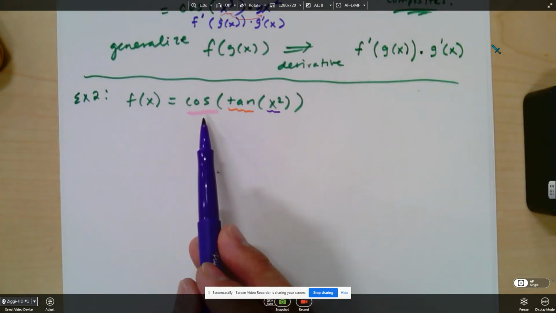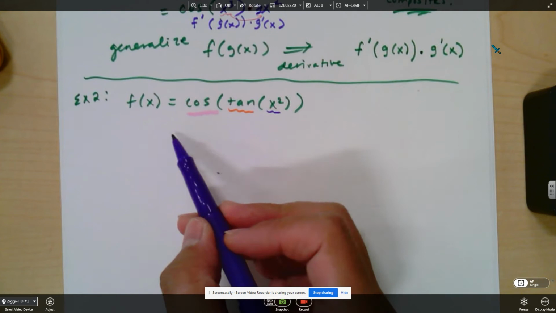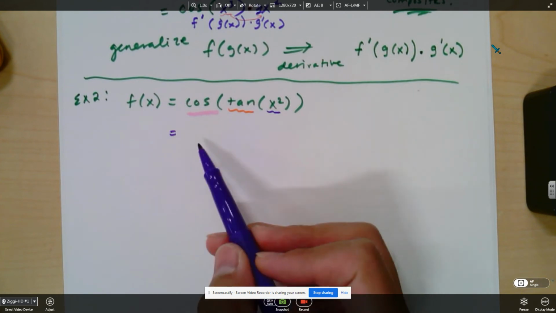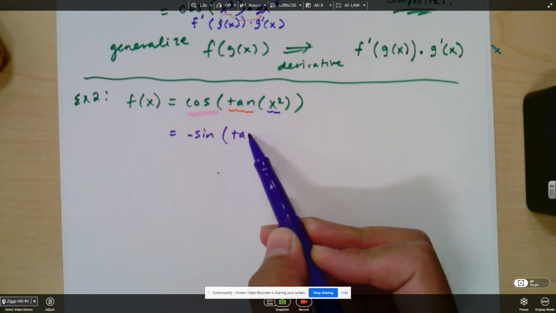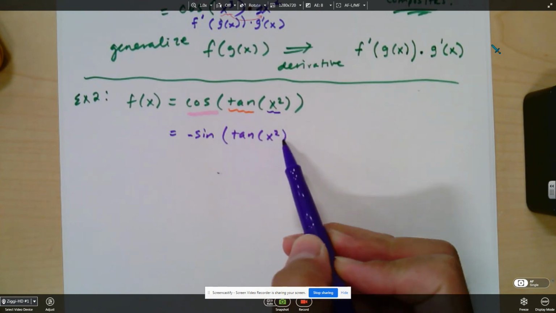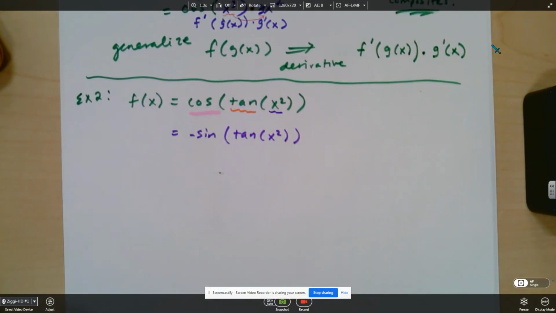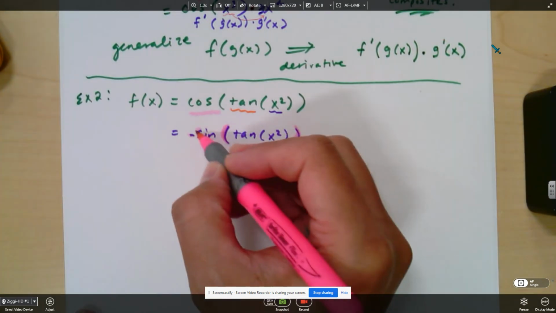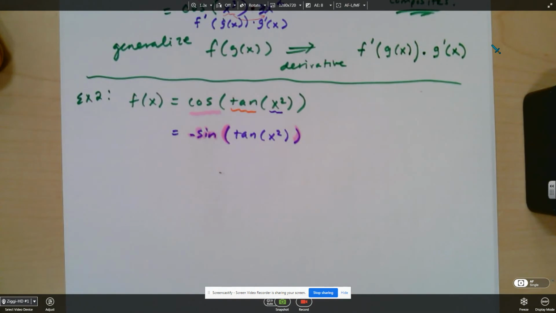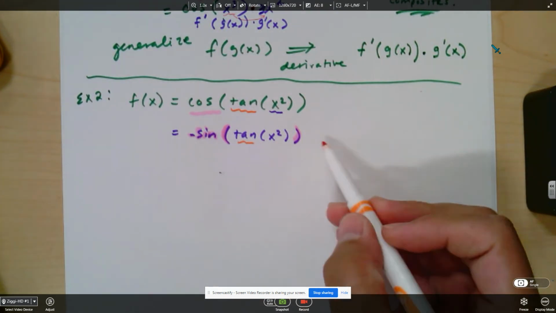First layer, take its derivative. Derivative of cosine, leave the inner pieces alone. Okay, that was cosine's derivative. You got the first layer. You toss it in the decompose. And then you do the middle layer, which is tangent.